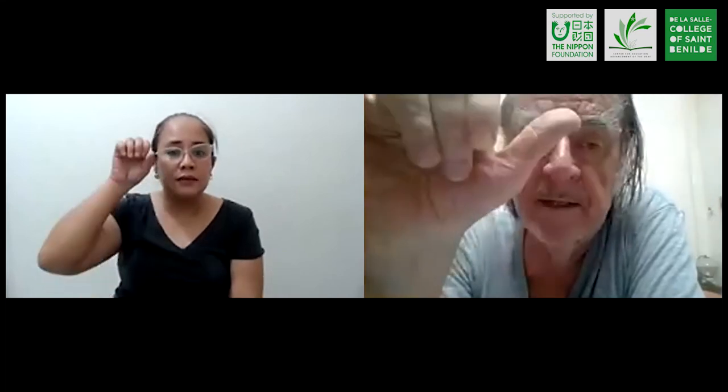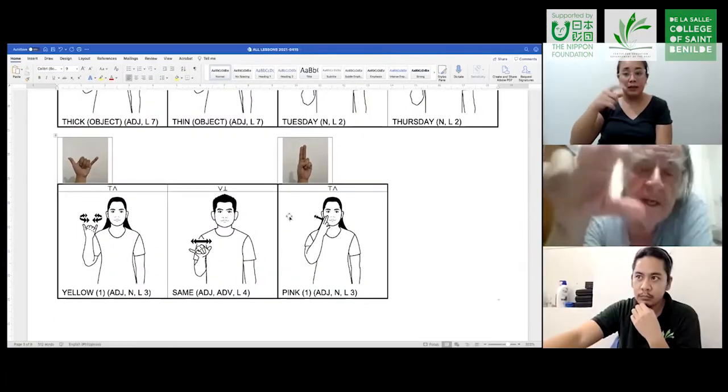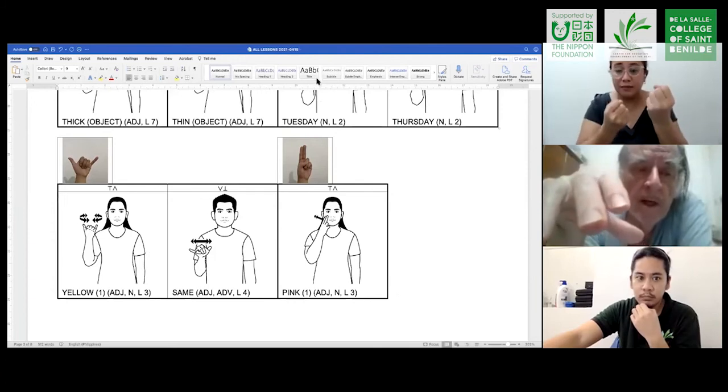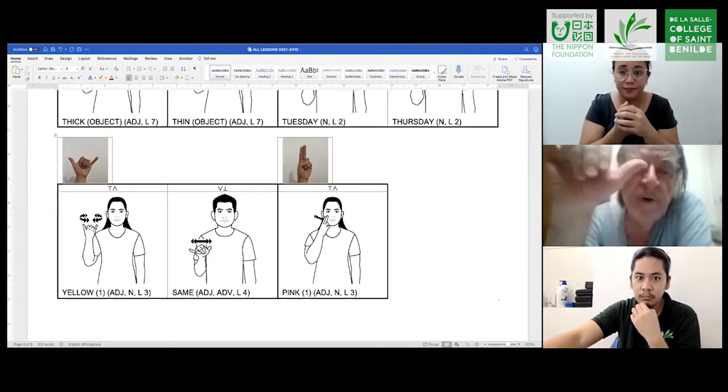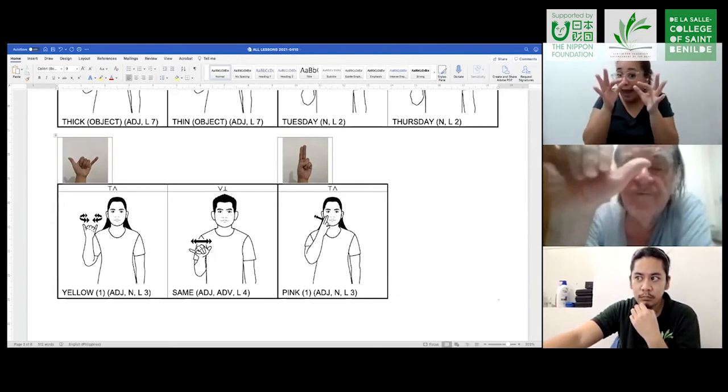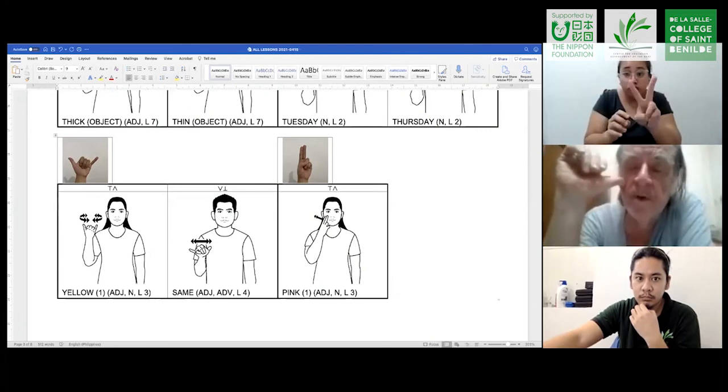Let's take a look, Shock, at the next one after the Y. I think you have U. Now, one thing I would suggest is that if you have two different hand shapes, don't put them on the same line.